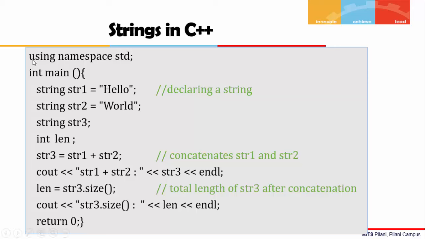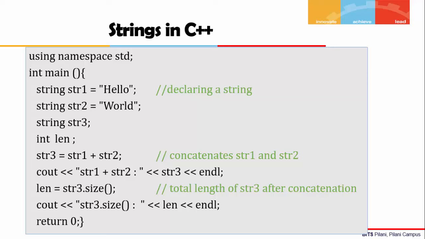That is why we use using namespace std here. If you want to declare a string, you can use string str1 equal to hello. You declare another string and then concatenate just by using the plus operator. So strings can be appended easily by using the plus operator.